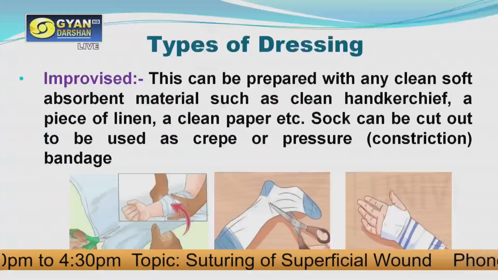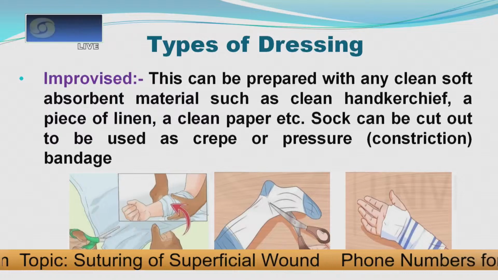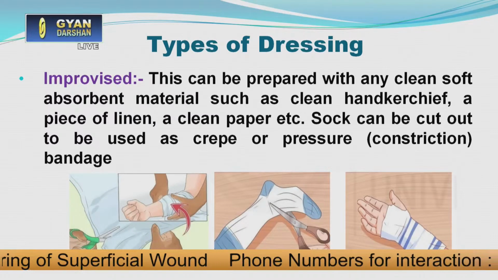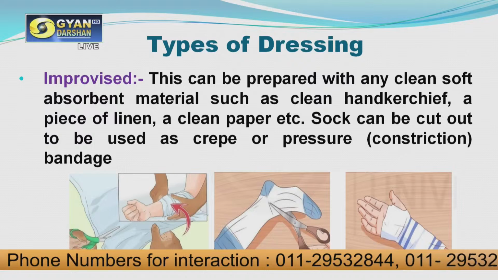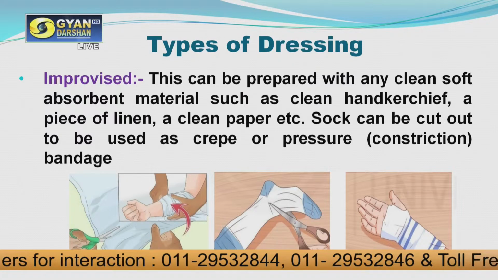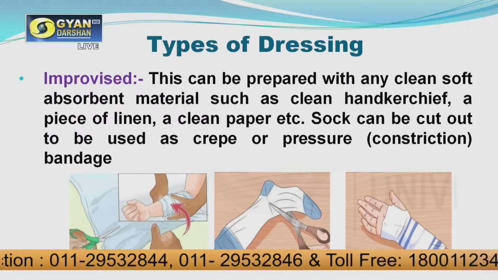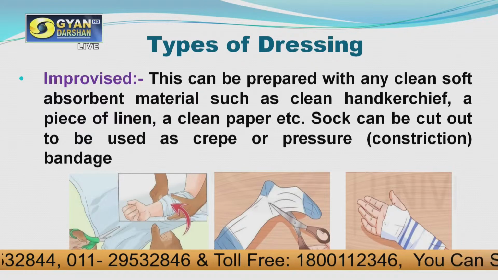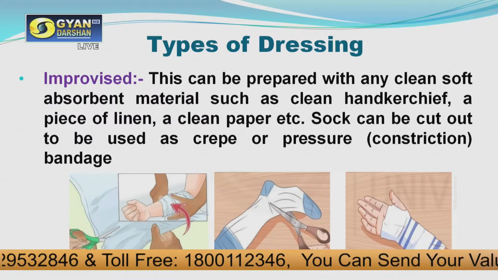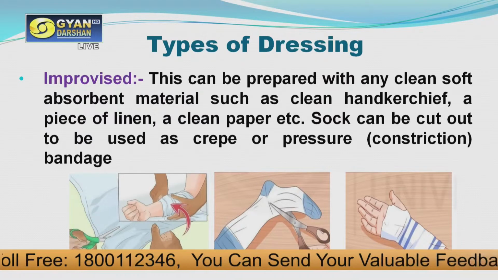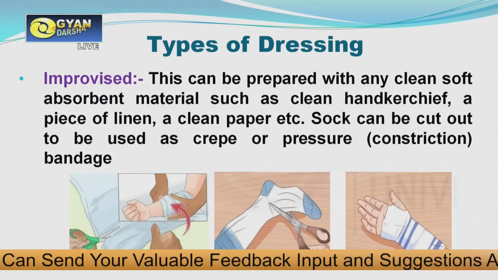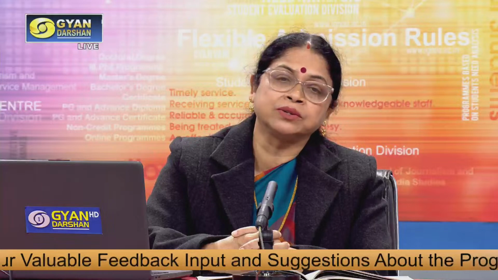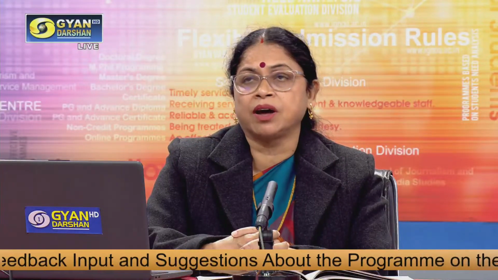As you see in this picture, a cloth can be cut out to be used as a crepe or pressure constriction bandage, if the patient needs to immobilize a part, maybe after a fall when there is pain in the hand, to immobilize and cover that part if there is no wound. So you can improvise and use whatsoever is available.